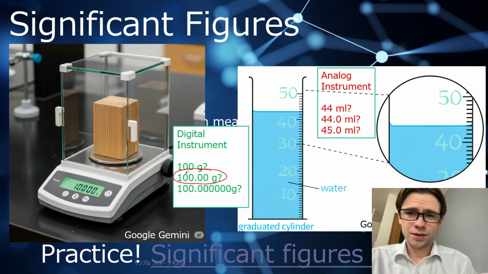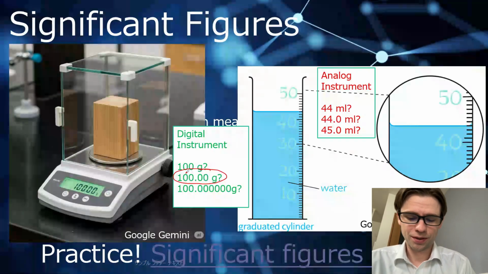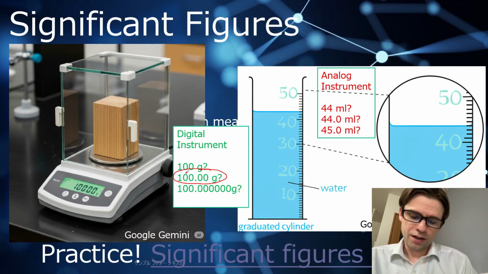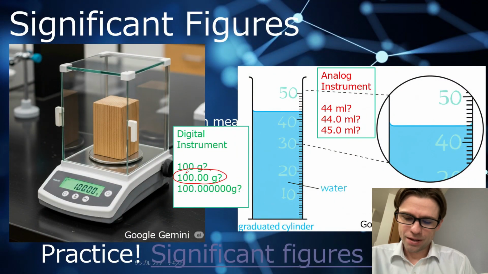Anyway, what about analog instrument? This is where things get much more complicated. So I have a graduated cylinder here, something that's commonly used to sort of accurately measure volumes, although there are better instruments. So we've got a 50 milliliter graduated cylinder, and it's filled up with water. And please ignore the fact that there's 11 lines between 40 and 50.